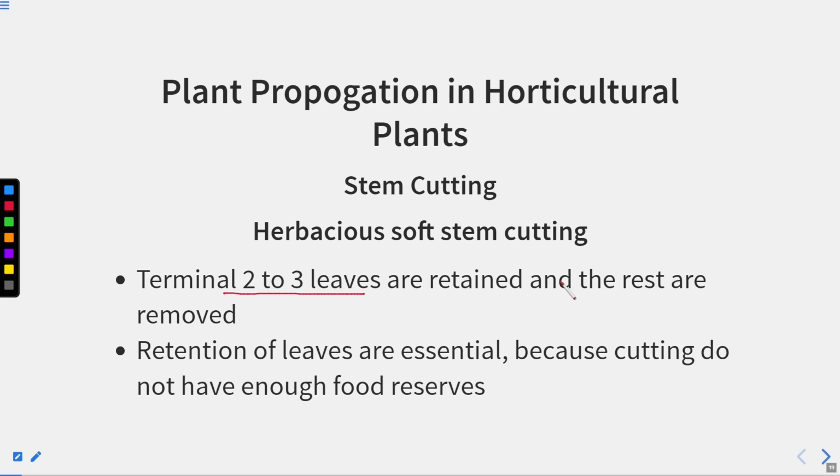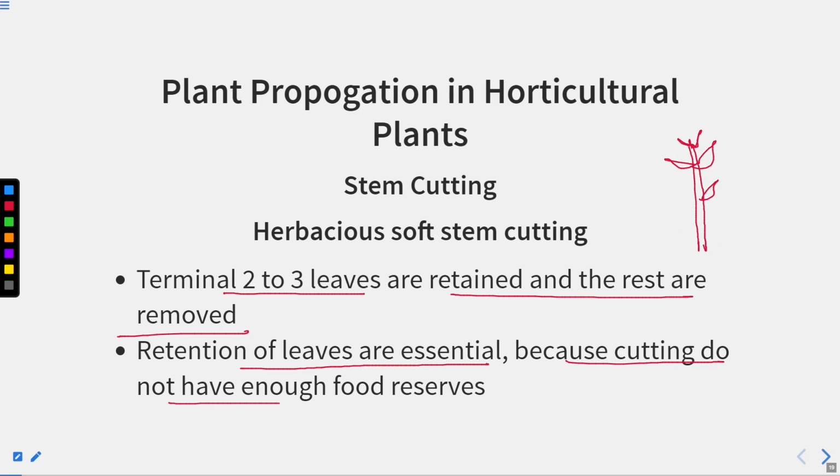Terminal 2 to 3 leaves are retained and the rest are removed. So if you are taking this particular stem part, some of the leaves must be there. Other leaves should be removed. Retention of leaves is essential because cuttings do not have enough food reserves.